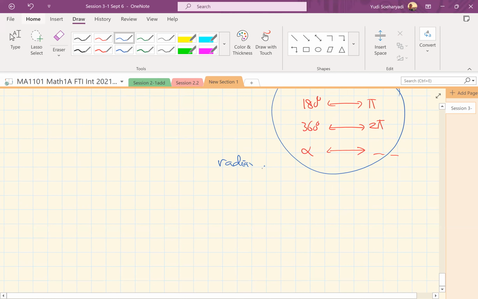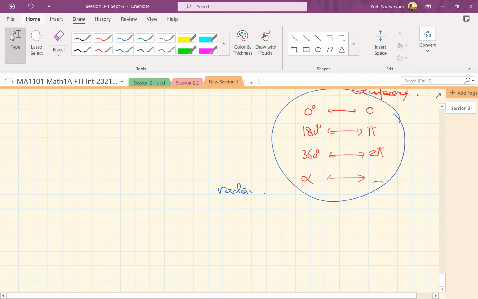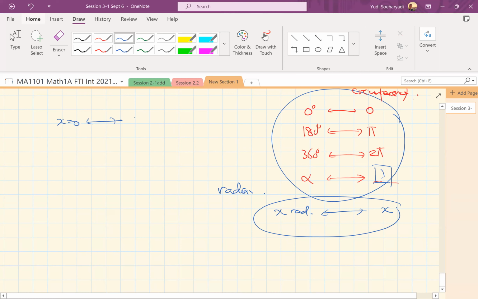A number here would be x. So x equals 0 converts to 0 times radian, and x equals pi, which is 3.1415 and so on.